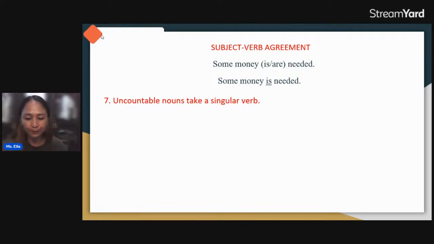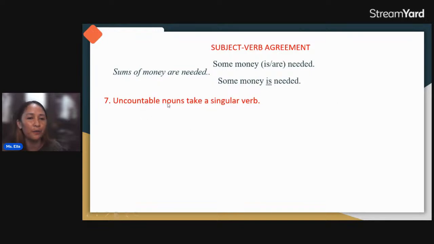Now, if the sentence is like this: sums of money are needed. Instead of simply saying money, to make it a countable noun, we put sums of, that means the amount of money. So sums of money becomes a plural subject, so sums of money are needed.